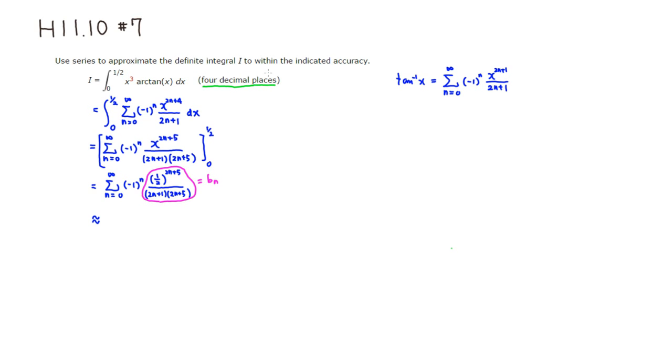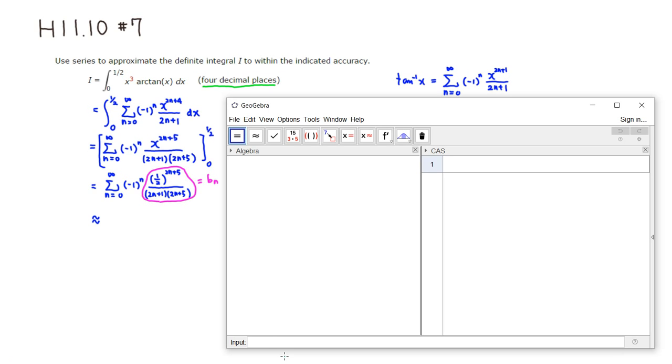I need to use GeoGebra here, so I'm going to open up GeoGebra. I'm going to type in Bn, I'll call it B of n, making it a function of n.